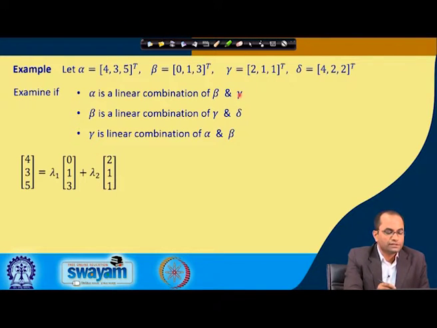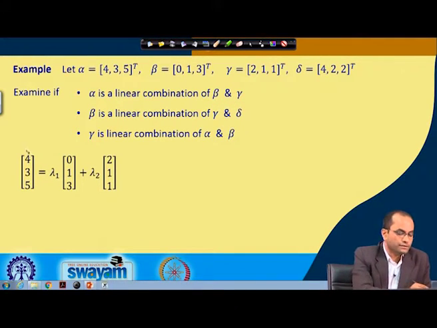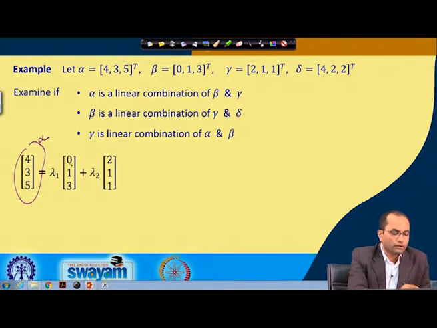To answer the first one, whether alpha is a linear combination of beta and gamma, what we want to show is that this alpha is a linear combination of beta and gamma. So, this is beta and here we have gamma.